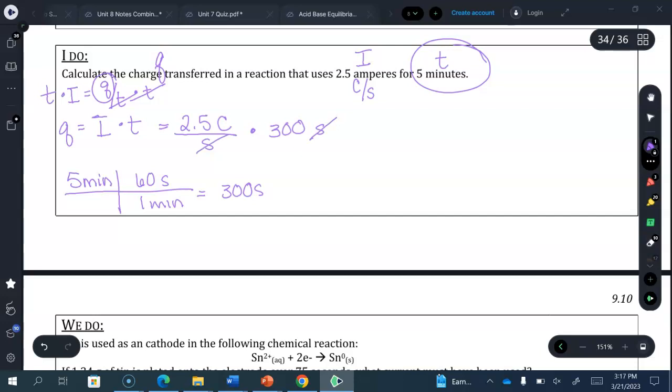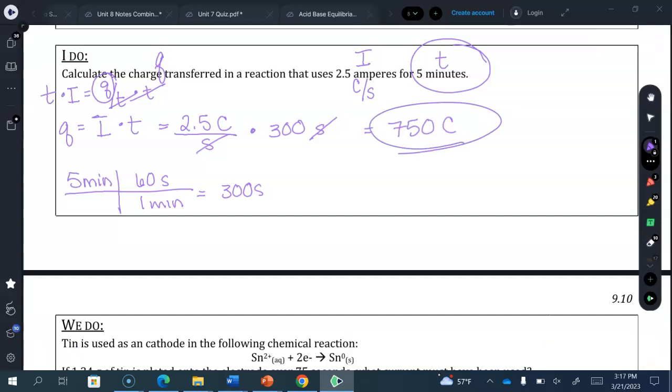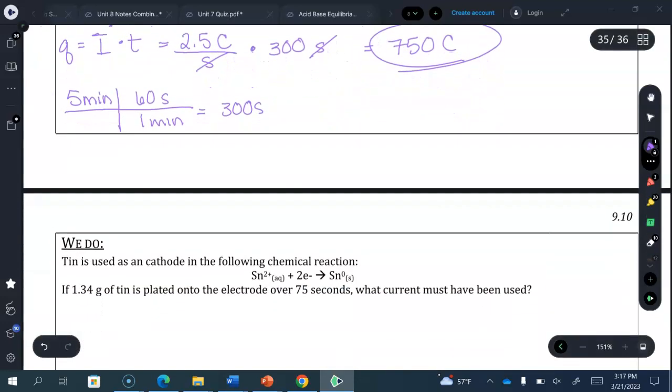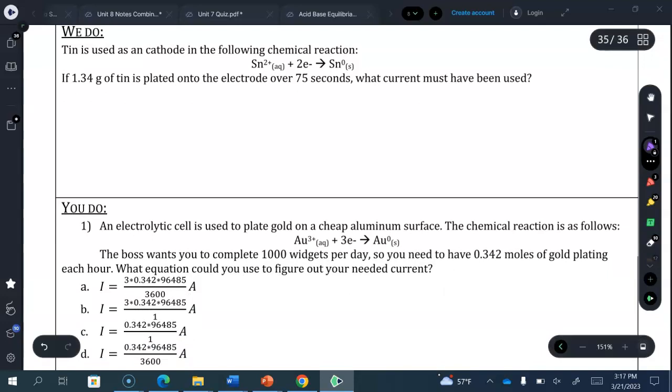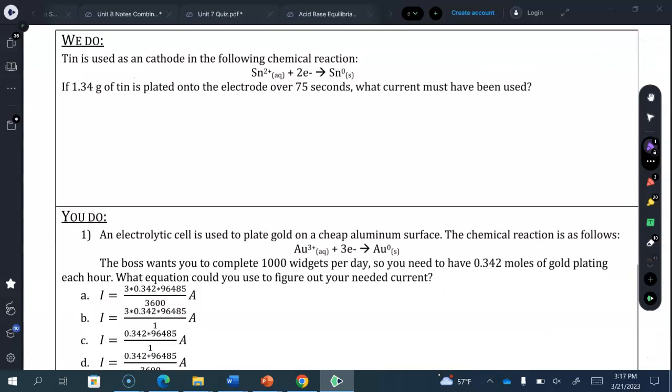So the seconds cancel out, and you should end up with 750 coulombs. It's funky algebra, guys. Don't forget your units though, because it's a good way for you to check and make sure your units are working out, and so your math is being done correctly.